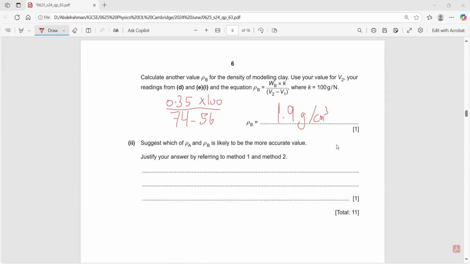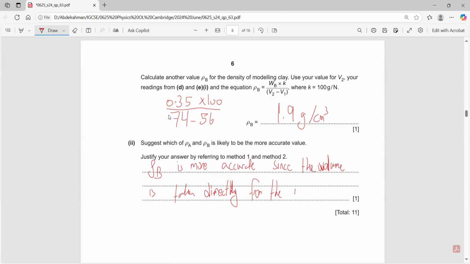So rho B is more accurate since the volume is taken directly from the measuring cylinder.